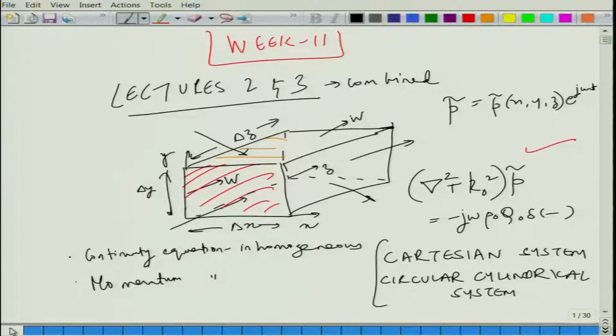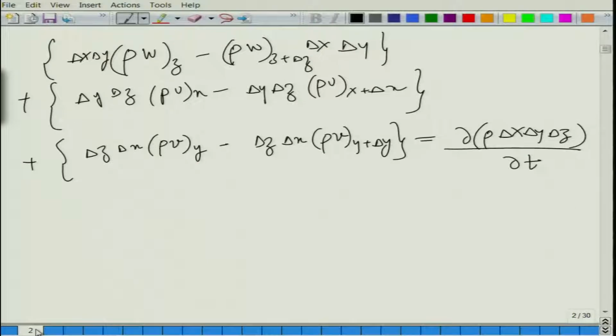Now of course, if we want to derive all this in circular cylindrical systems, things would be a bit more complicated, in the sense that we need to transform from x, y, z to r, theta, z, and basically it essentially involves doing something to the Laplacian to get your del square by del x square terms and all those things, or else we can do these things from the continuity equation, momentum equation side of things as well.